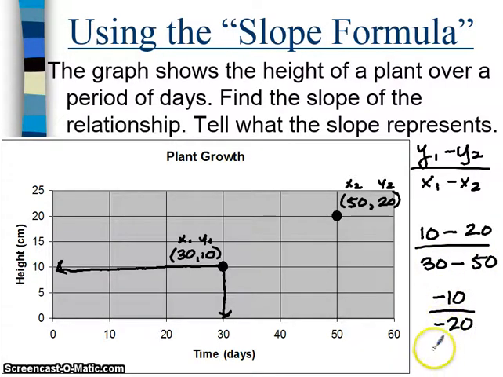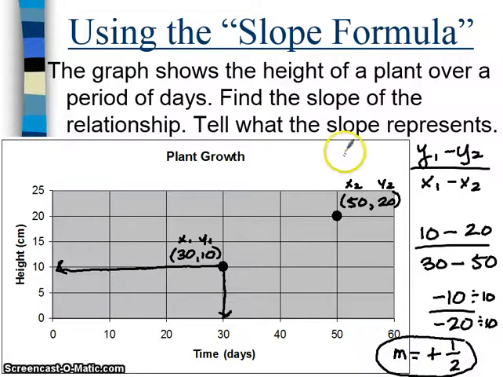Negative divided by negative is a positive. 10 will not divide by 20 to get a whole number because this is a fraction. The numerator is smaller than the denominator, so we need to reduce it by 10. 10 divided by 10 is 1, and 20 divided by 10 is 2. So we get positive 1/2 as our slope.